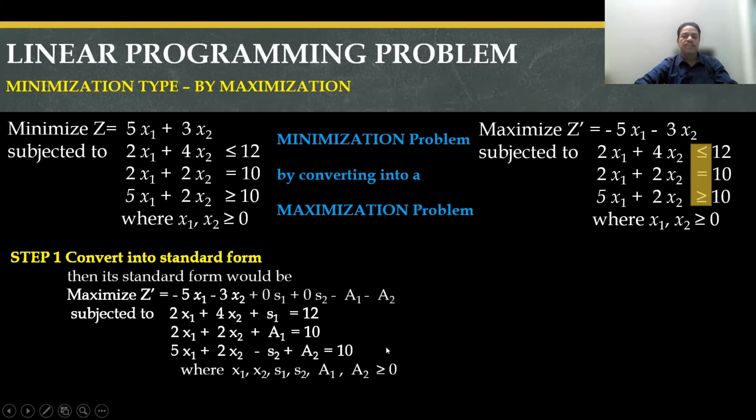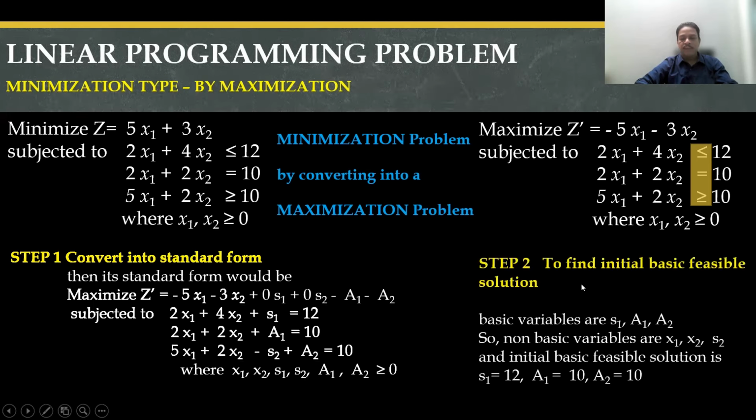And the objective function becomes maximize z dash is equal to minus 5x1 minus 3x2 plus 0s1 plus 0s2 coefficients of slack and surplus variable, minus a1 minus a2, coefficient of artificial variable is -1 in both the cases, as it is a maximization problem.